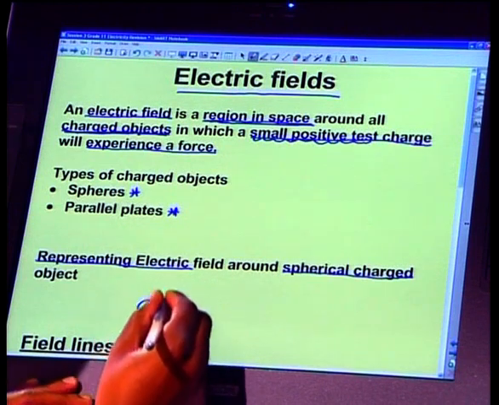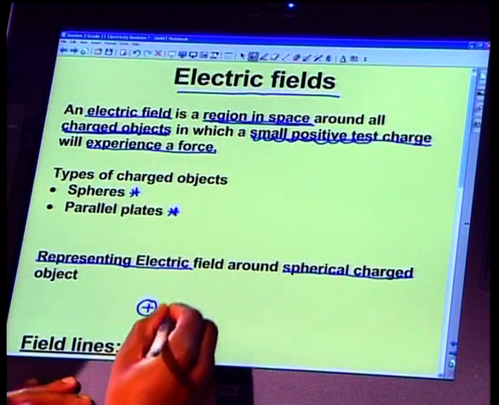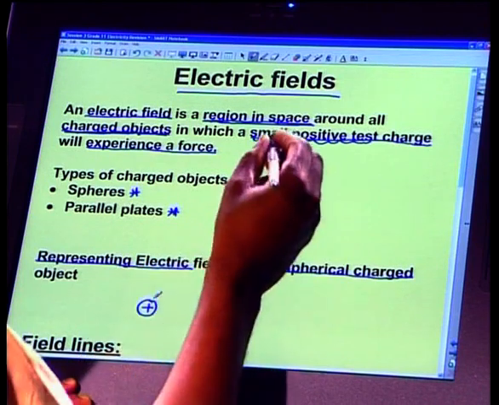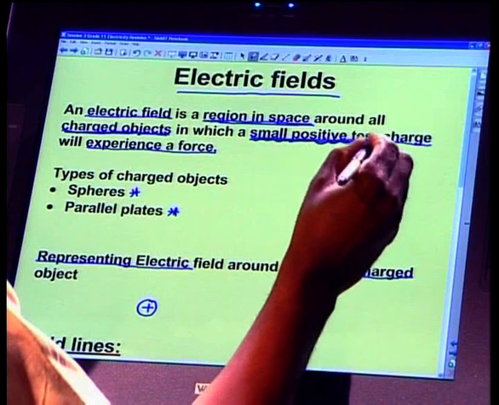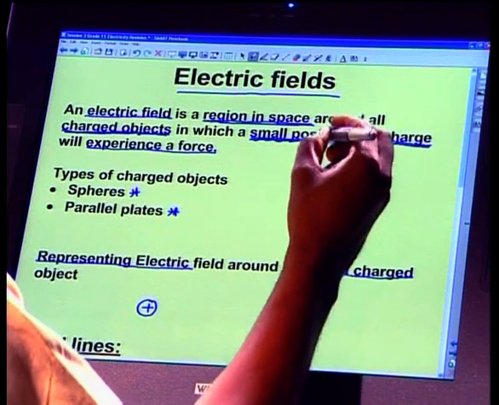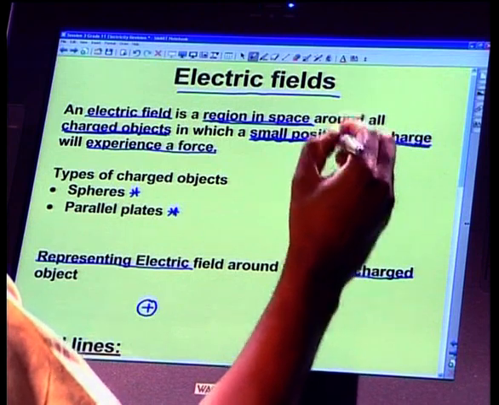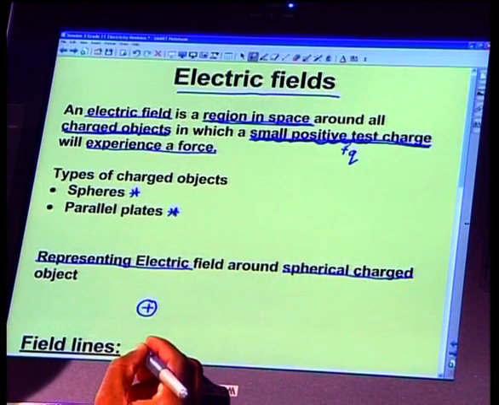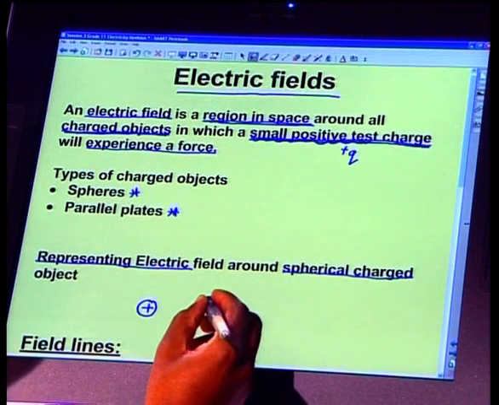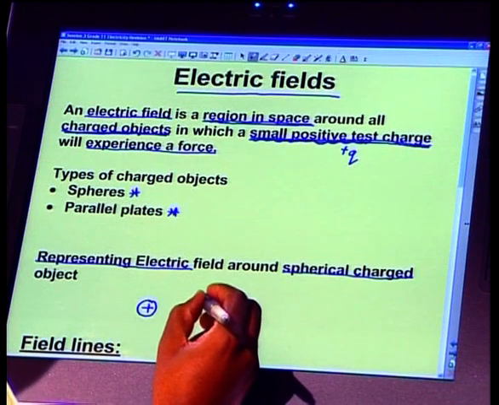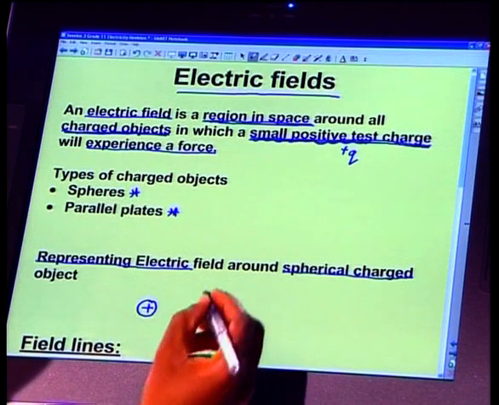But for me to know that there is a field set up due to this charge here, I need to test it. And to test it, I need a small positive test charge, small positive q. So if I put positive q somewhere here, I can ask you this question.